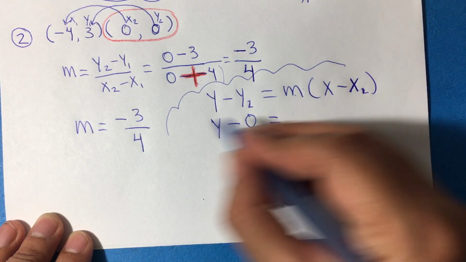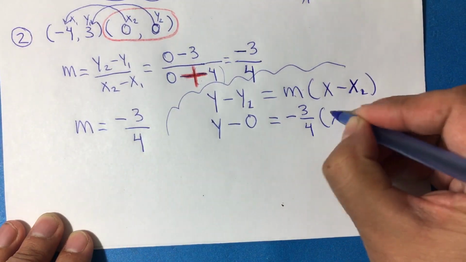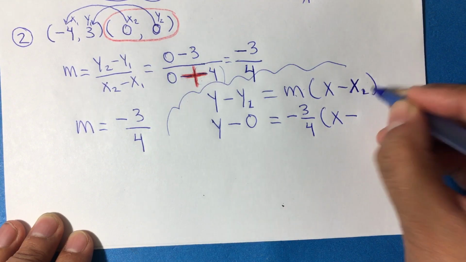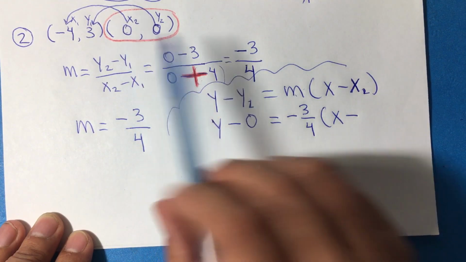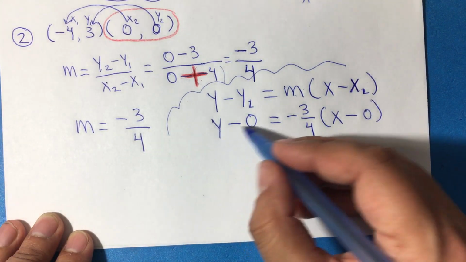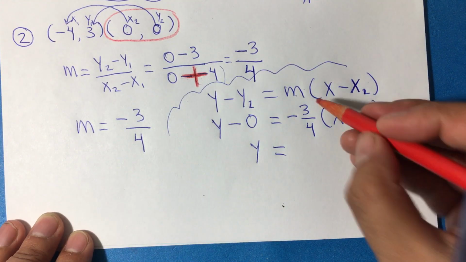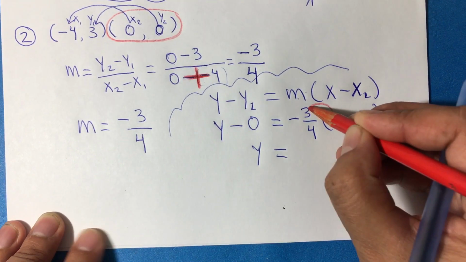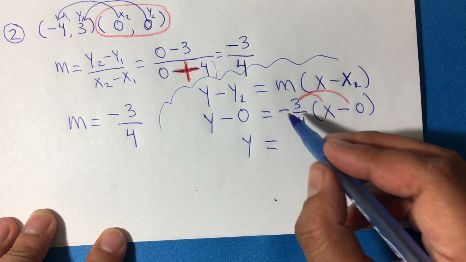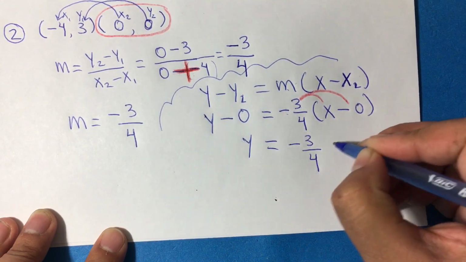So in here, the slope, we already found that it's -3/4 times x minus, and the value for x2, now that I changed it, is 0. y minus 0 is just y. And then we use distributive property on this side because we have that parenthesis right there. -3/4 times x is -3/4 x.